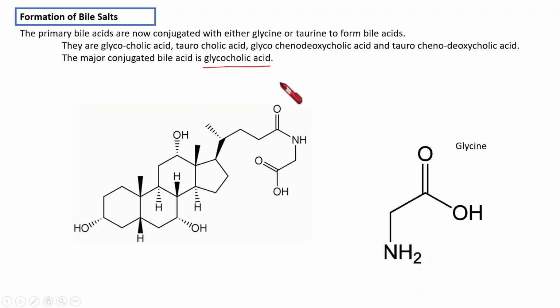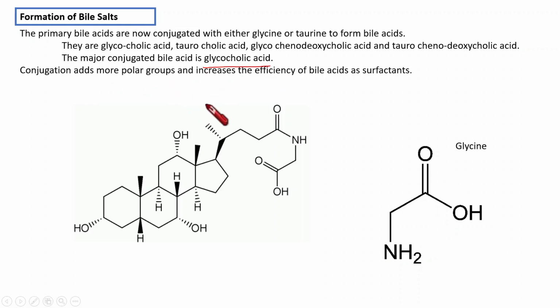Because in the beginning of the chapter I told you that the predominant bile acid in the human bile acid pool is cholic acid. As it is the predominant bile acid, there is most chance that it will be the major conjugated bile acid in the bile. So understand it simply in this way: glycocholic acid is the major common conjugated bile acid.